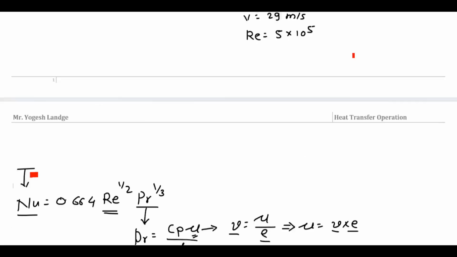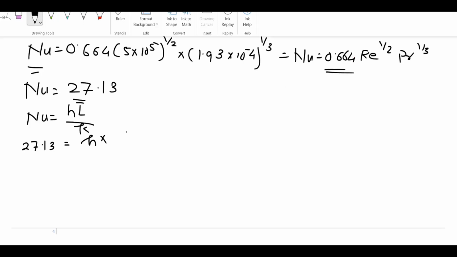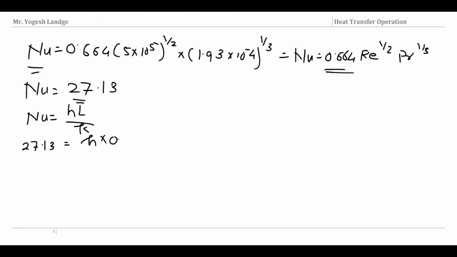Because of that, the length L is taken as 0.6, divided by the conductivity of the fluid, which is mentioned as 0.025. From that, we get a value of h, and the value of h that we got is 1.13.